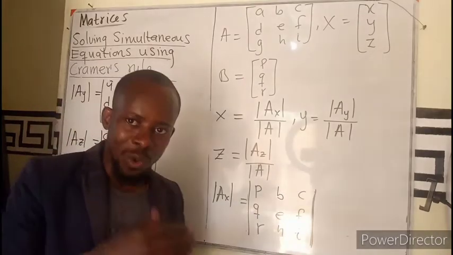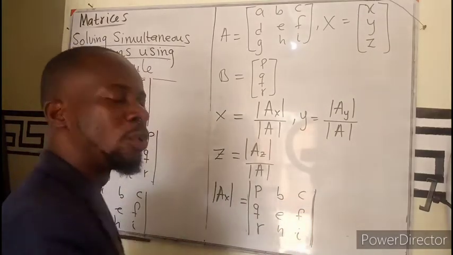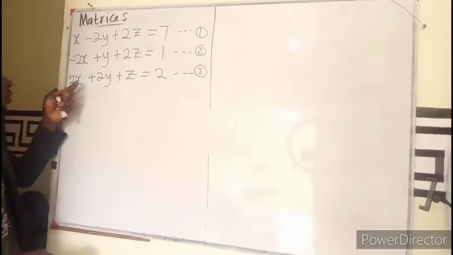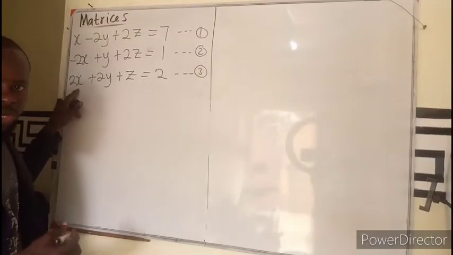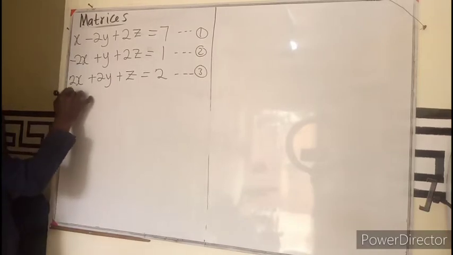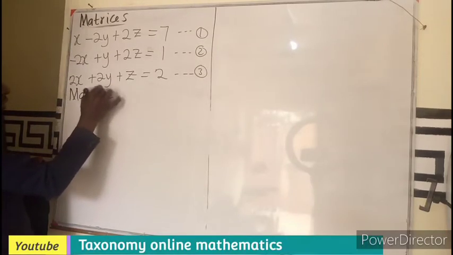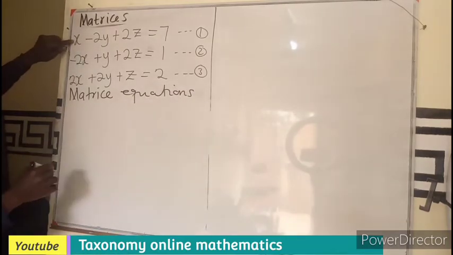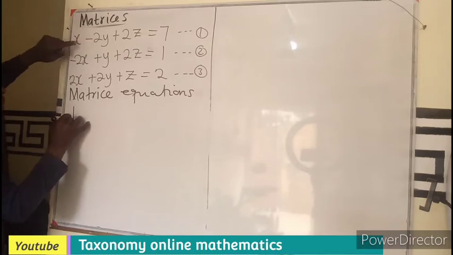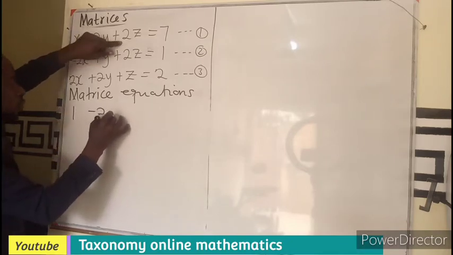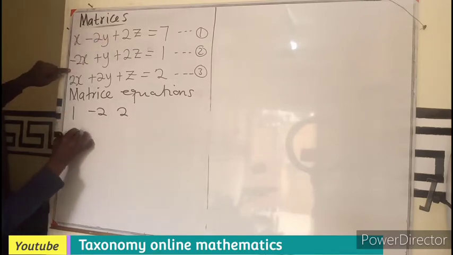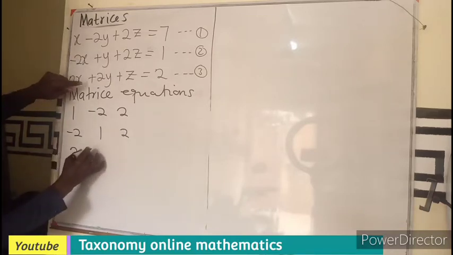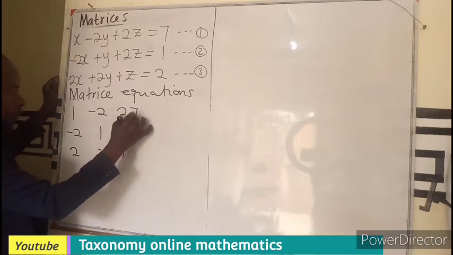Let's take a question and solve it using the approach and see what we can get. So these are the three equations we are asked to solve. First of all, let's take our matrix equation, picking the coefficients: 1, minus 2, 2, minus 2, 1, 2, 2, 2, 1.